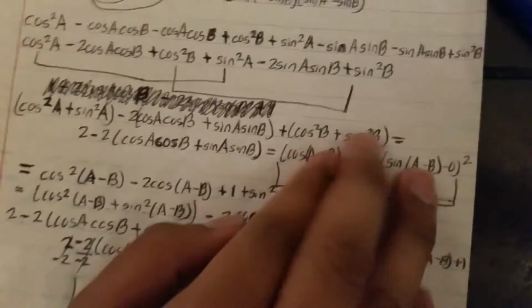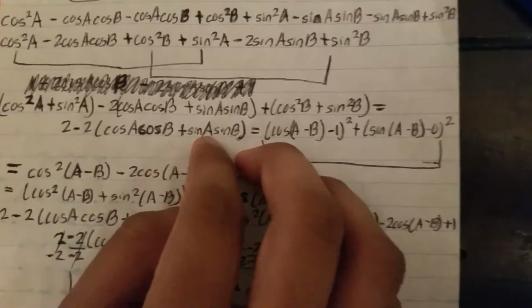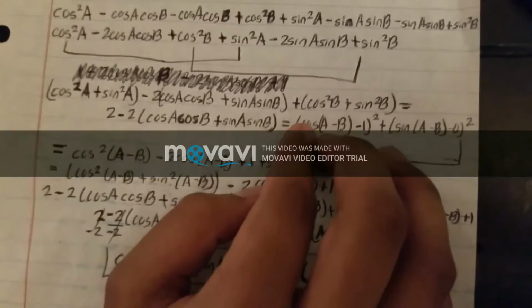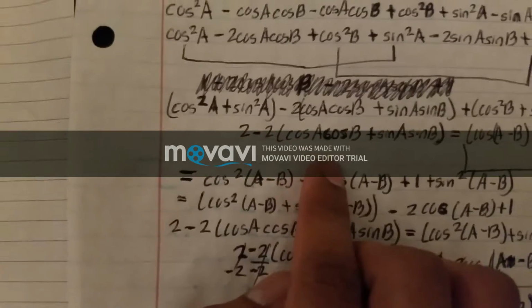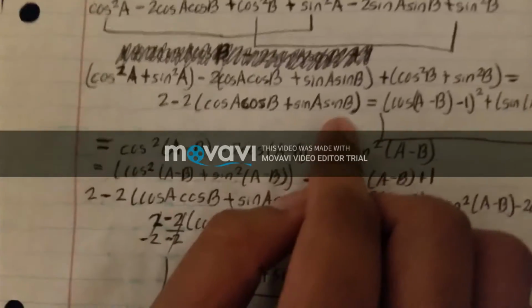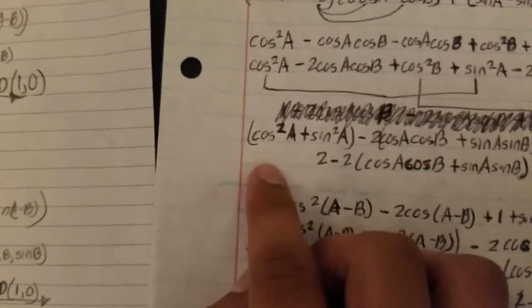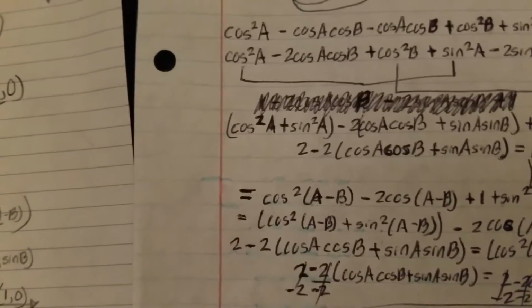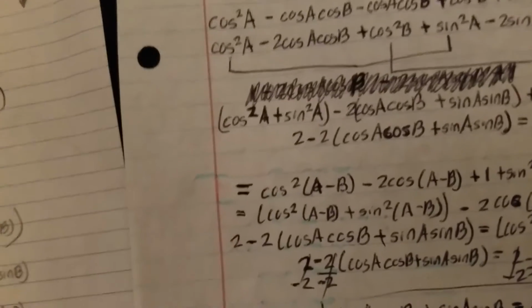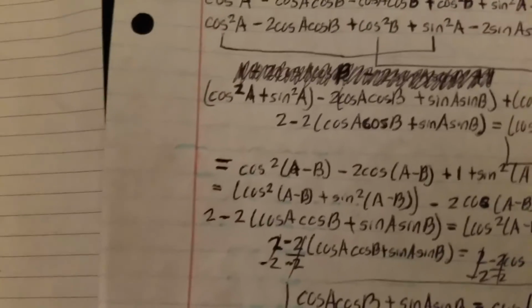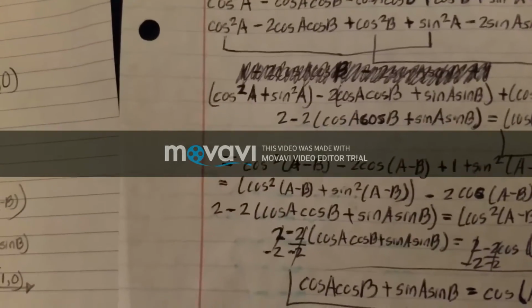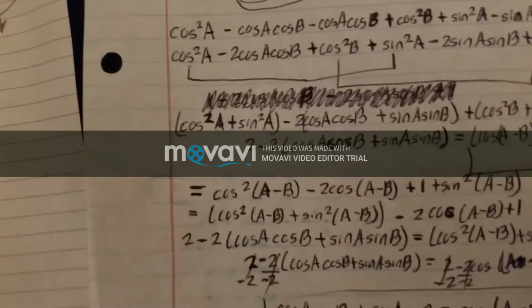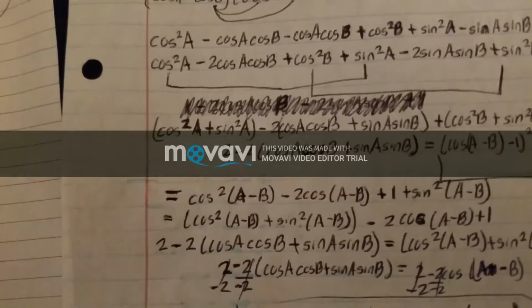I organized it so it wouldn't look so messy. In order to get 2 minus 2 times cosine A times cosine B plus sine A times sine B, I used the Pythagorean identity, which is cosine squared x plus sine squared x equals 1. I played with the values and created something easier to work with.